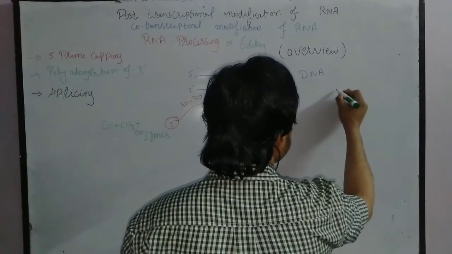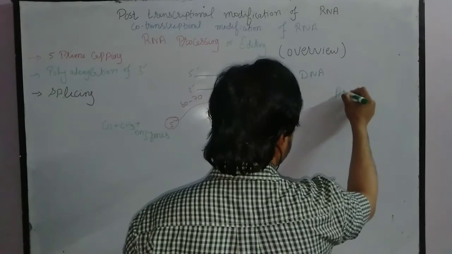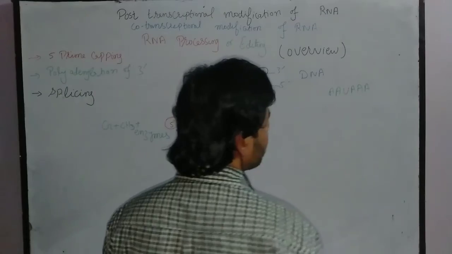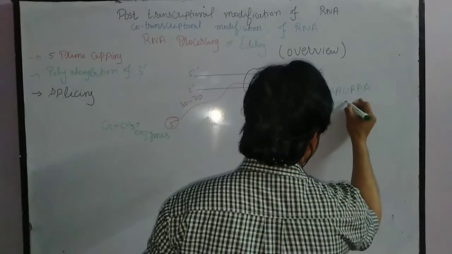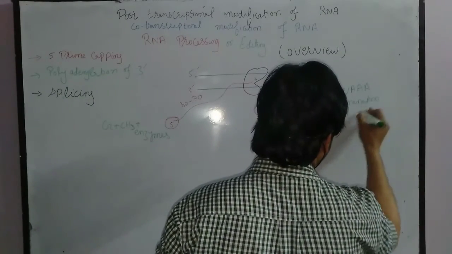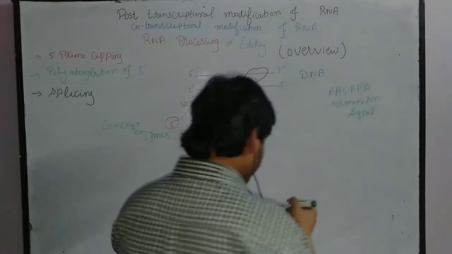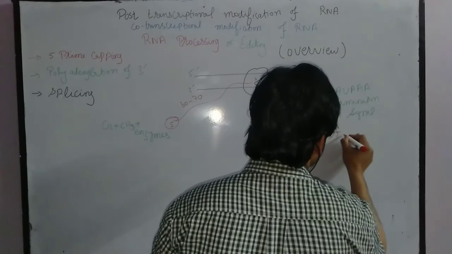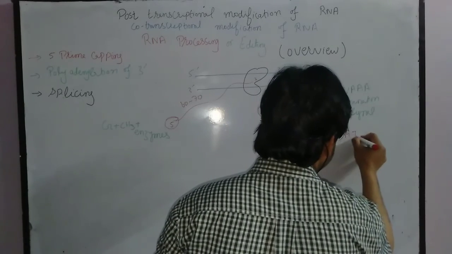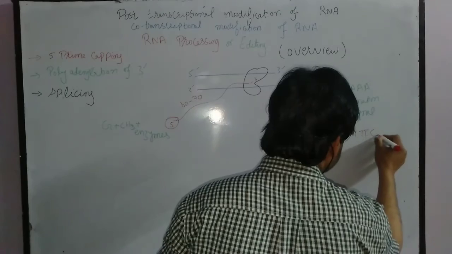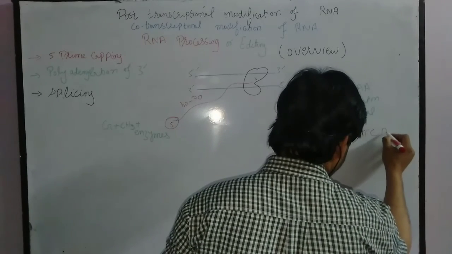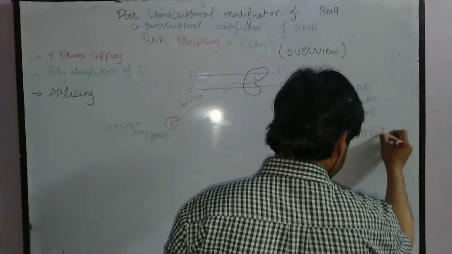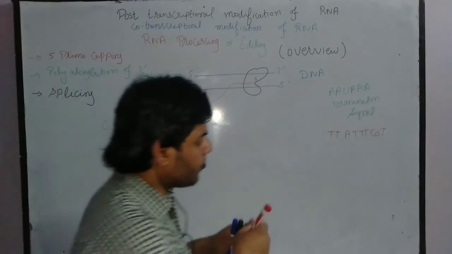The termination signal is like this: A, U, A. And we have termination sequences like T, A, T, C, G, T. These are the termination sequences.